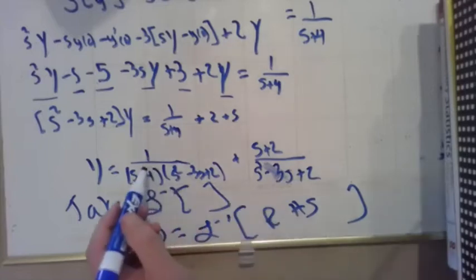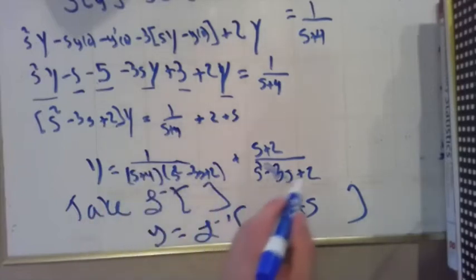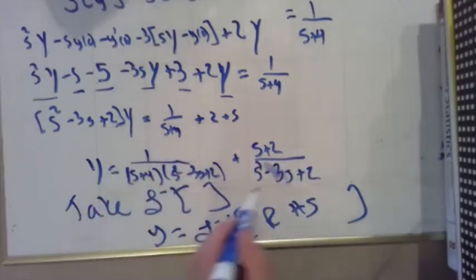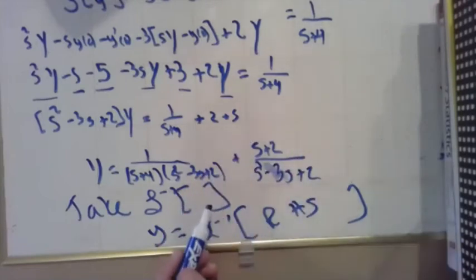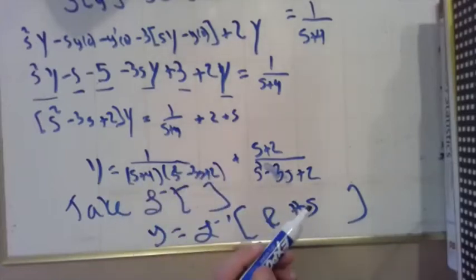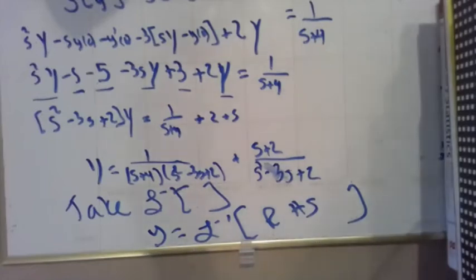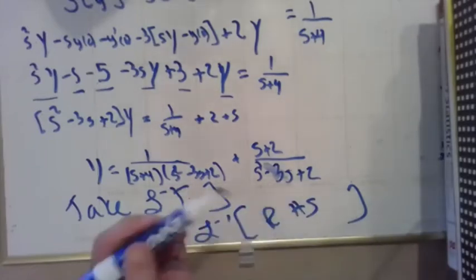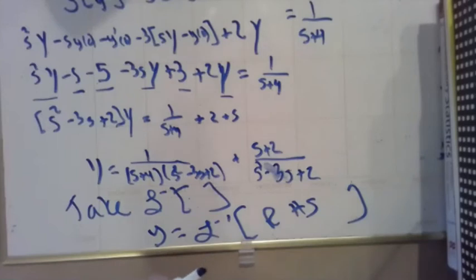Problem is, my table isn't that complete. It doesn't have stuff that's quite this complicated. So I'm going to have to use partial fractions here and break this down into things that I can find in the table. And basically on all these problems, every single one of them, if you're not using partial fractions somewhere, you're not doing it right.